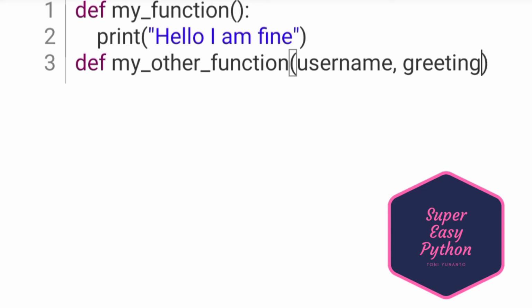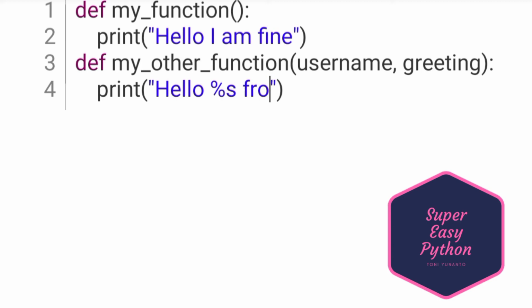Okay, don't forget the colon, and then we expect to print in the bracket hello, and then modulo s. Okay, modulo s from my function.